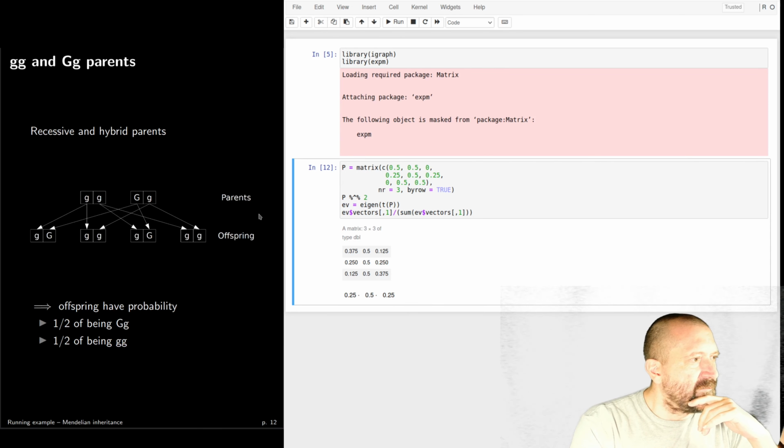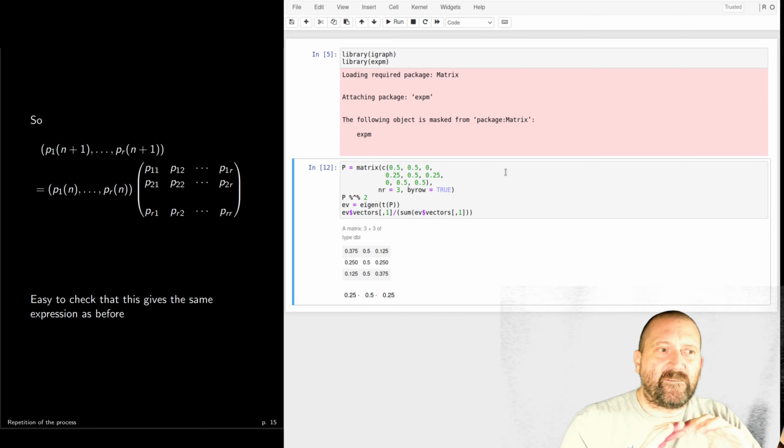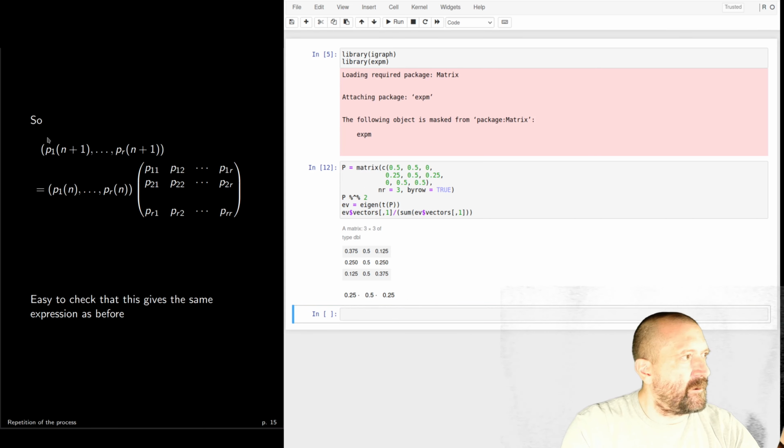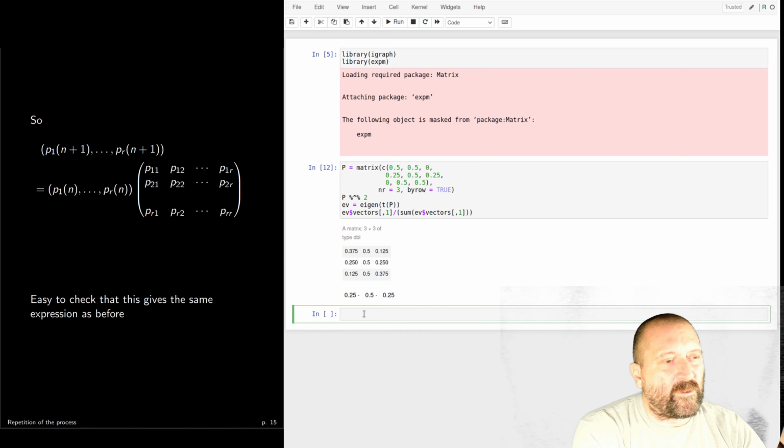So what I can do is start with a probability vector, and let me call it little p.